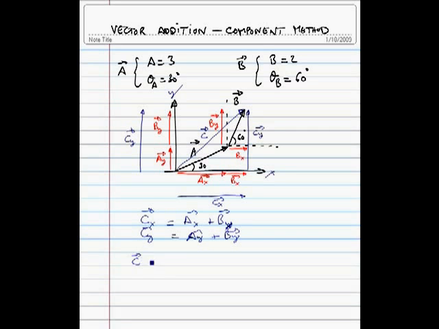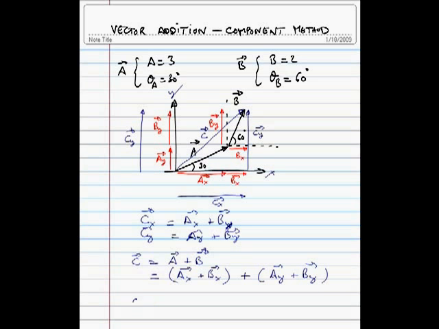Therefore, if c is equal to a plus b, it follows that c is equal to ax plus bx plus ay plus by.